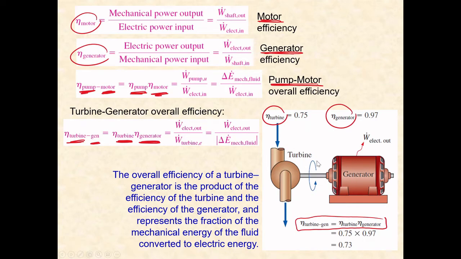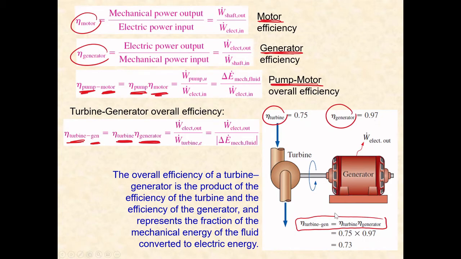And then from that 75%, another 97% efficiency takes place, which means another 3% is lost from the 75% energy converted from the water. So the mechanical energy from the water is converted to shaft work, and from the shaft work it is converted to electrical energy, and as a result of this conversion, 97% is converted, 3% is lost.